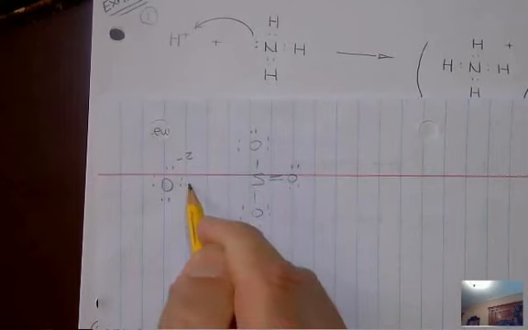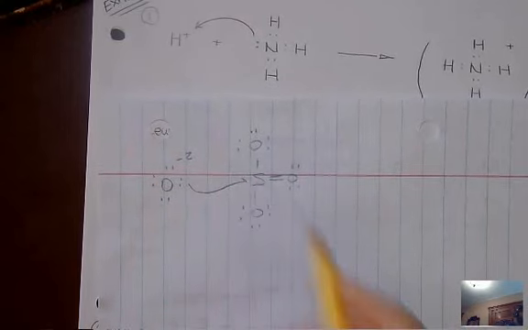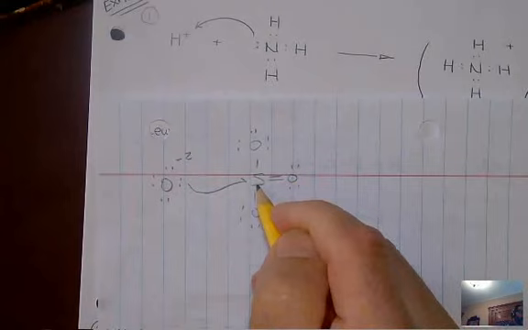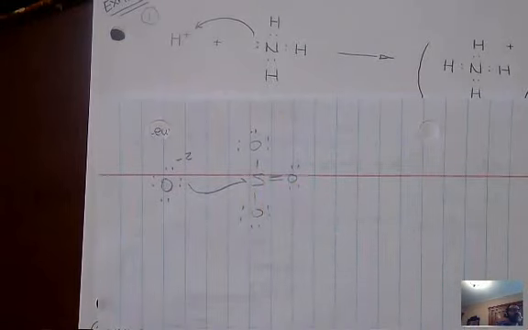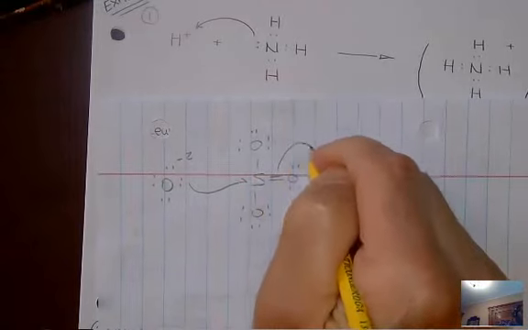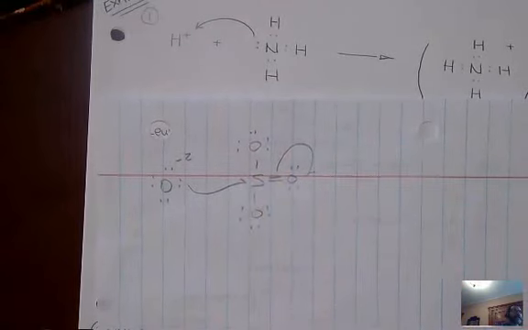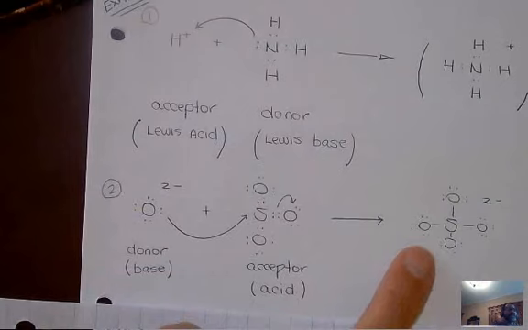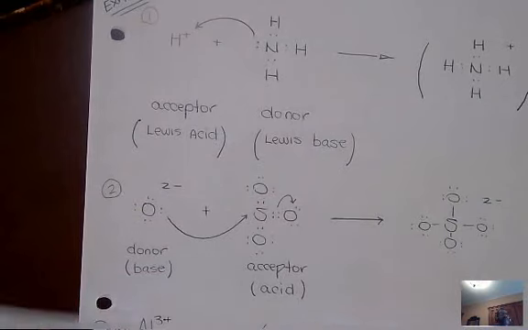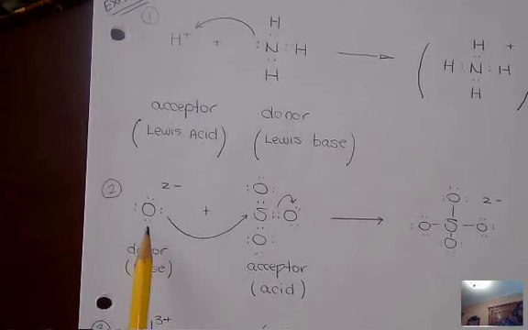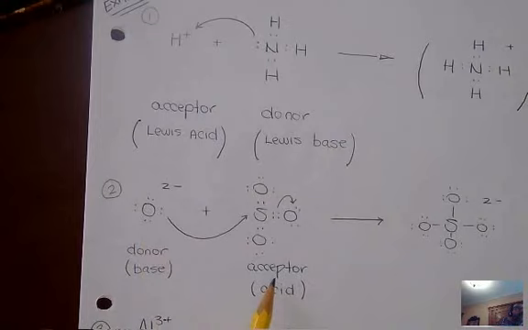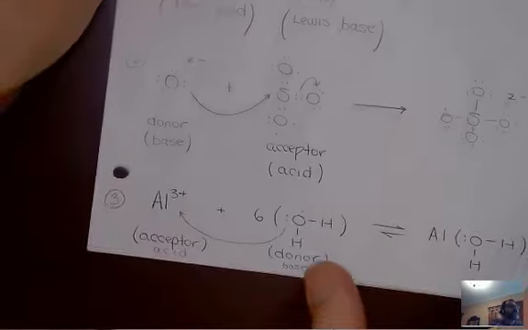One of these lone pairs kicks into the sulfur. And now if something else didn't happen, then there'd be 10 electrons around sulfur, which isn't allowed. So this guy pops back out, and I wind up with my sulfate ion, which is enormously stable. Okay, all right, so who's the electron pair donor? Oxide. Who's the electron pair acceptor? Sulfur trioxide.